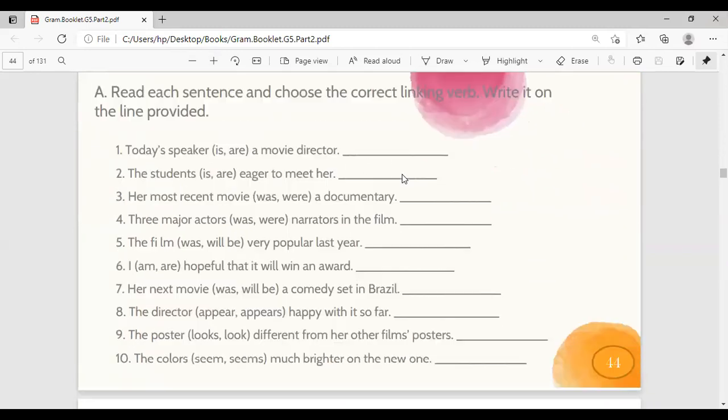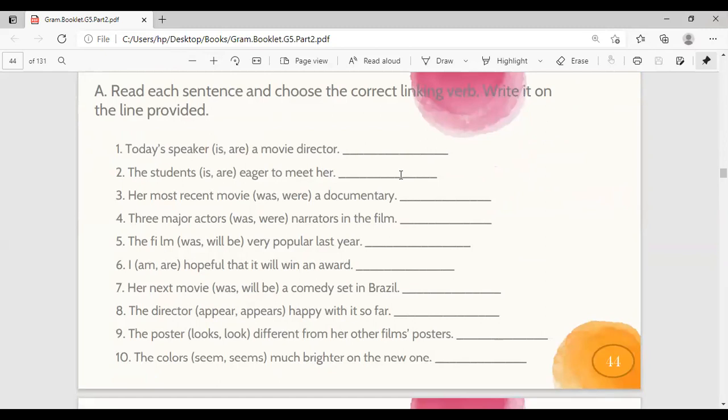Let's solve exercise 8, page 44, about the linking verb. Notice something, that the linking verbs also have to work according to the subject. If the subject is singular, then I have to put a singular verb. If the subject is plural, then I have to pay attention to the verb, how to write it.